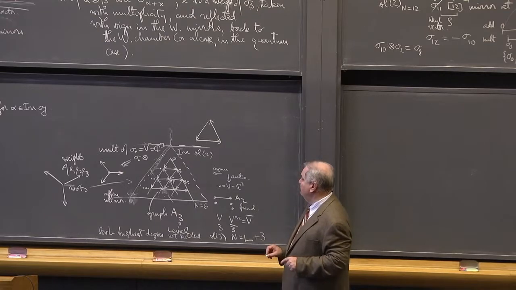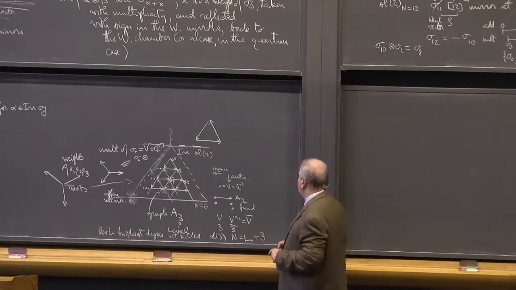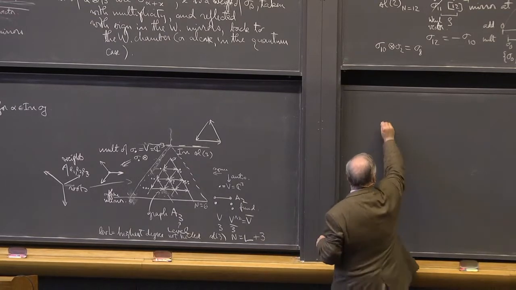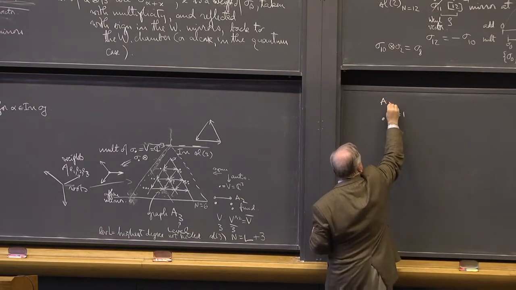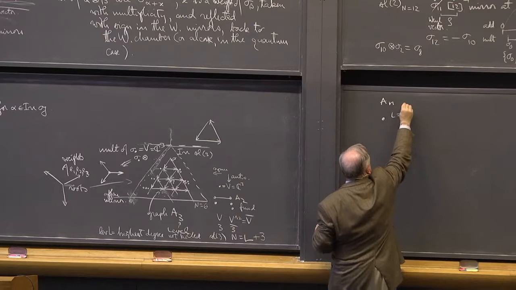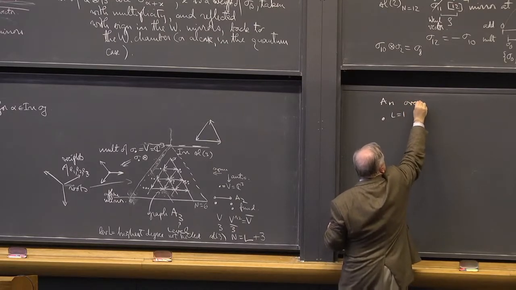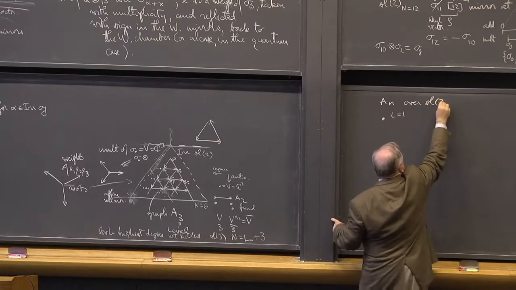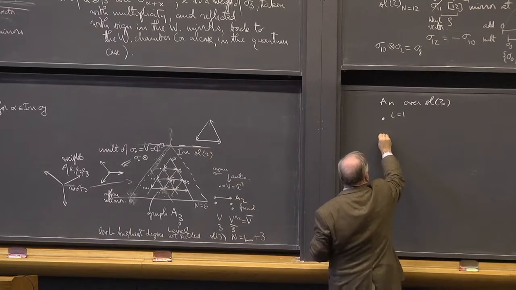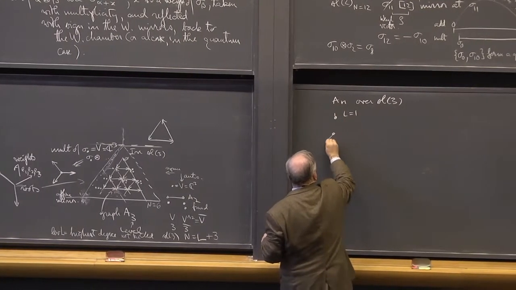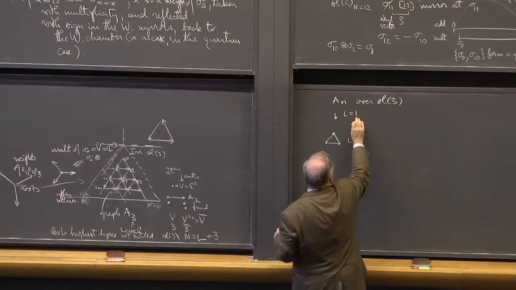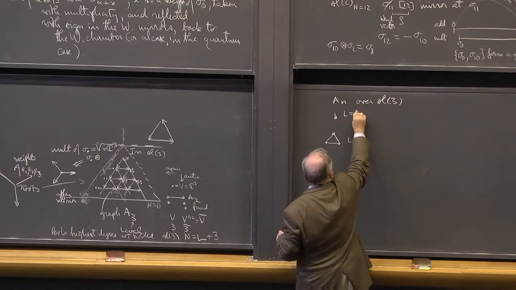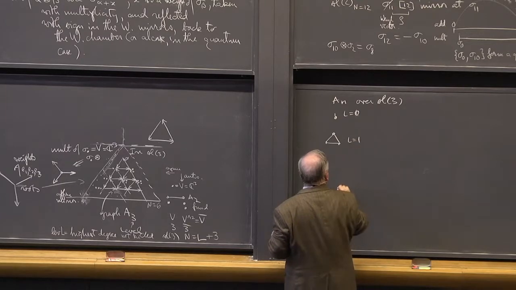In this case, let me put here a few. This is the AN series over SL3. L is equal to 0, excuse me, L is equal to 1.